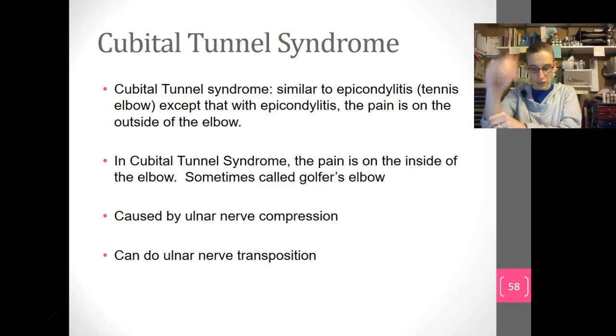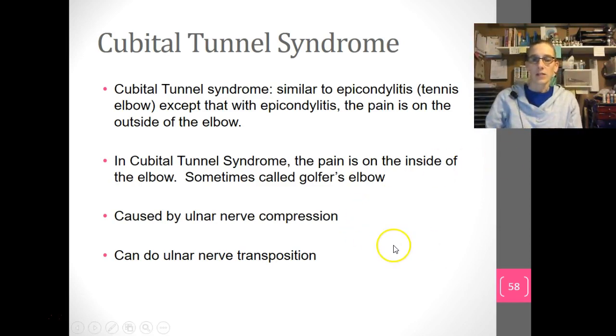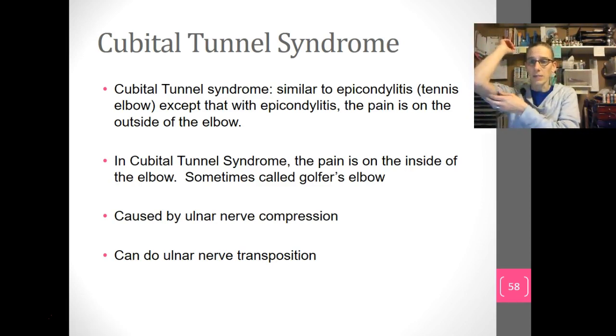And you can have surgery for it. They can do surgery, obviously, which is what I did. What they did was an ulnar nerve transposition. They took the ulnar nerve that normally runs in this little groove under your elbow, between these two bones.